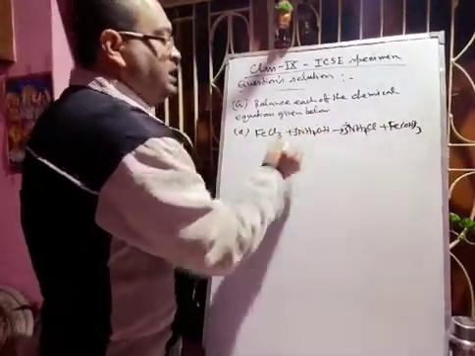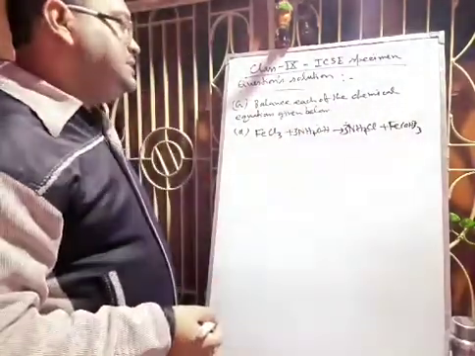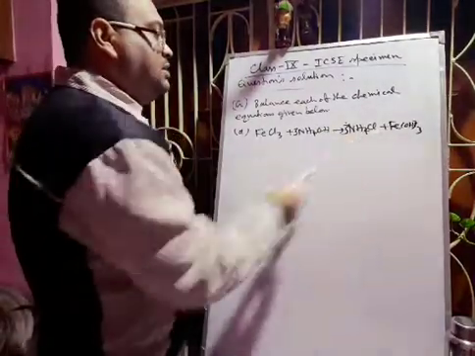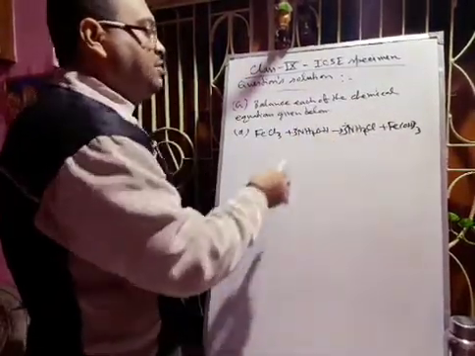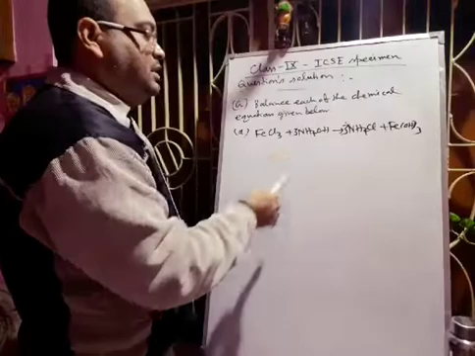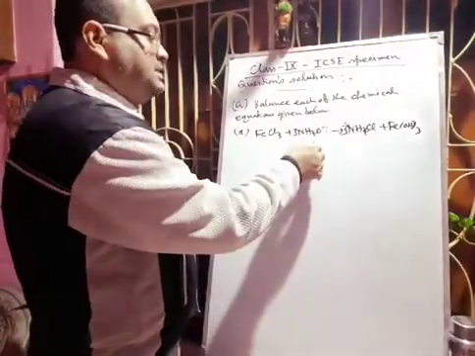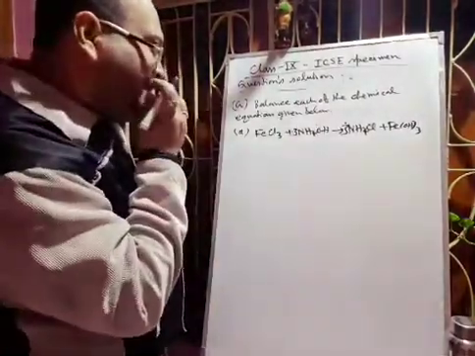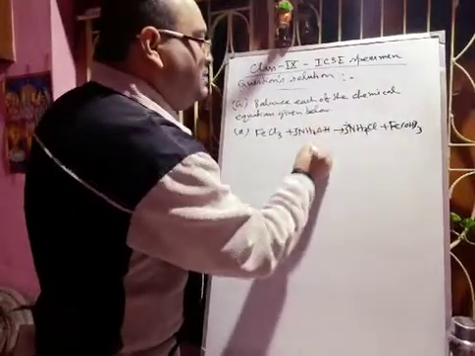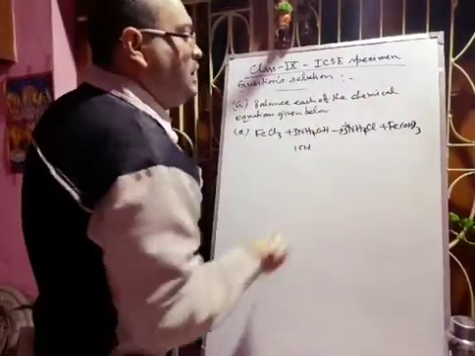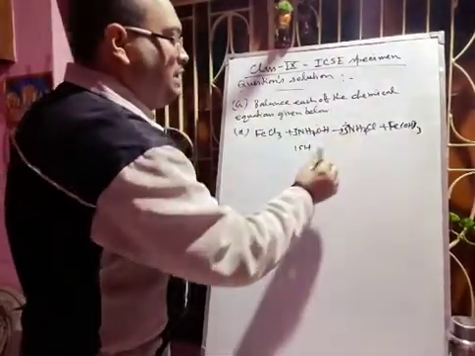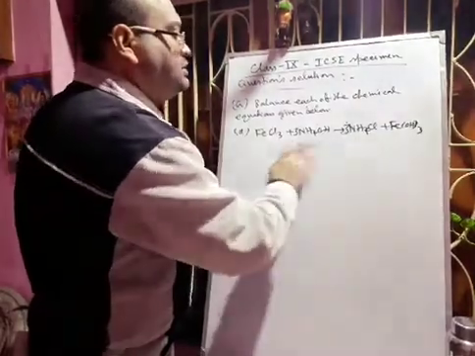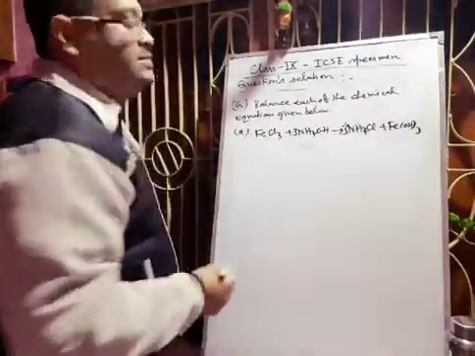Here you have to put 3. Now you check it is balanced, I think. So iron 1, both side chlorine is 3, both side nitrogen is 3, then hydrogen 12 plus here 3, that means 15 hydrogen. Here also 12 plus 3, 15 hydrogen. Okay, oxygen is 3, here oxygen is 3. It is balanced chemical equation. Okay.